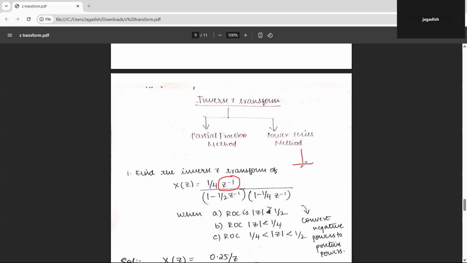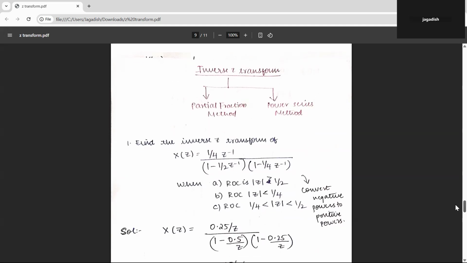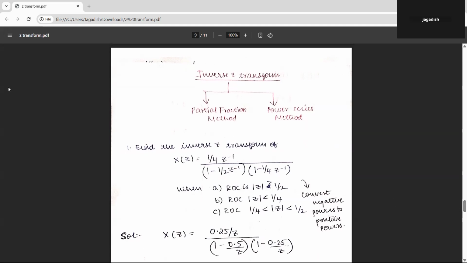I can write it as 1 by Z. 1 by 4 is nothing but 0.25, so 0.25 divided by Z. The denominator also: 1 minus 0.5 divided by Z into 1 minus 0.25 divided by Z. So this is your first step.